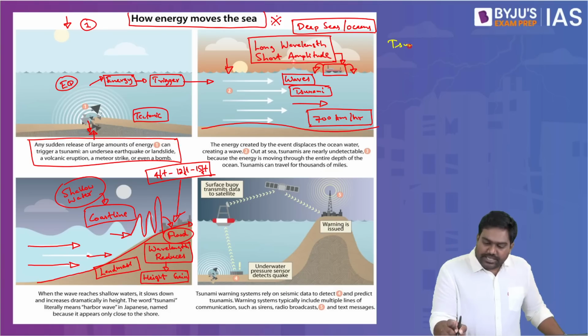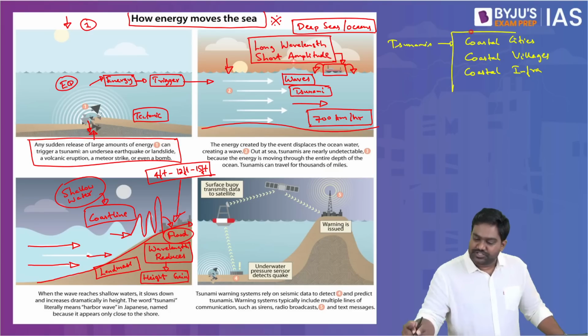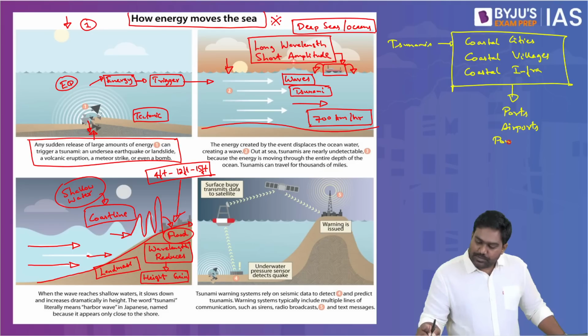So tsunamis are a major threat to coastal cities, to coastal villages, and to any kind of coastal infrastructure which is present, be it seaports, airports, power plants, naval bases, space stations, that is launching stations like Sriharikota of India, the launch facilities.